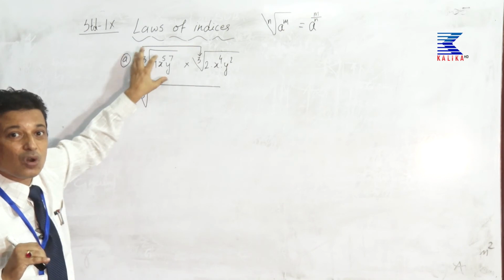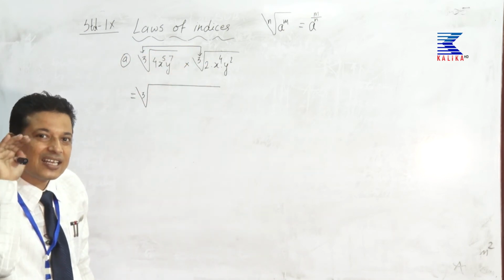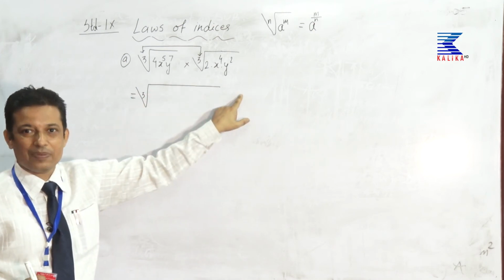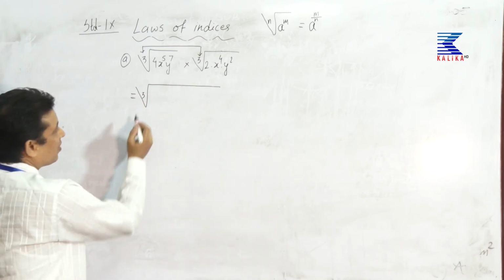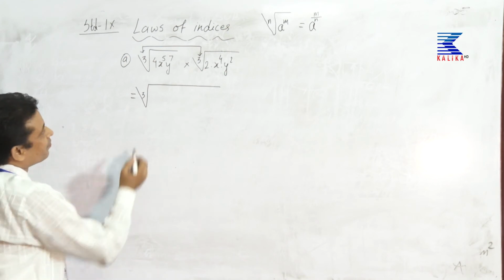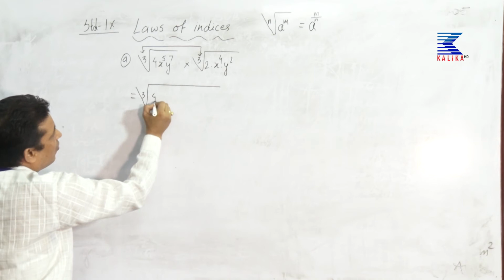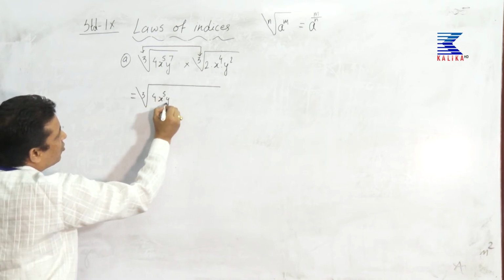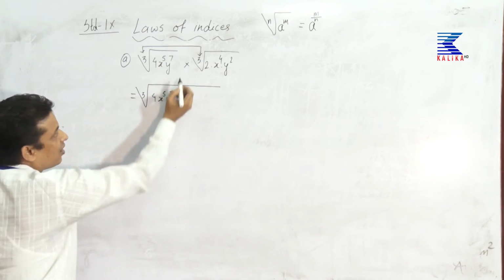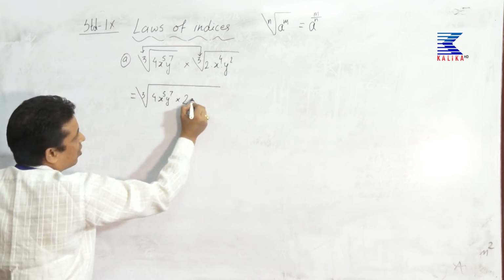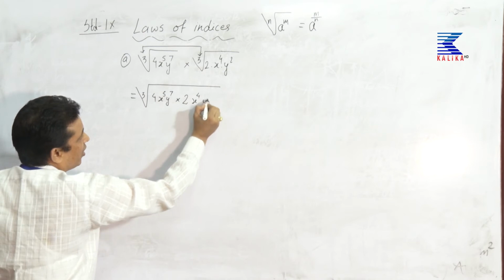So we can put all the terms inside the same cap. This is why I have made a big cap of number 3. Now, whatever is there inside, write everything: 4 x to the power 5 y to the power 7 in the first sword, in the middle multiplication, and there is 2 x to the power 4 y to the power 2.